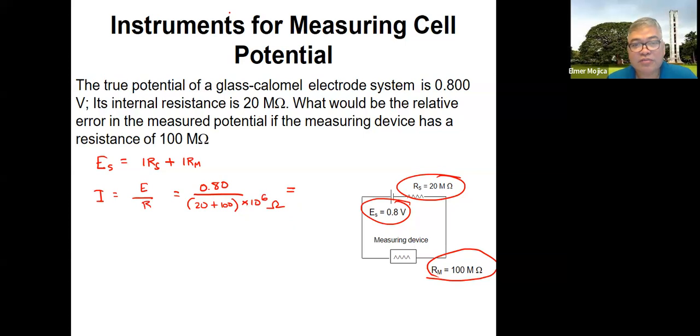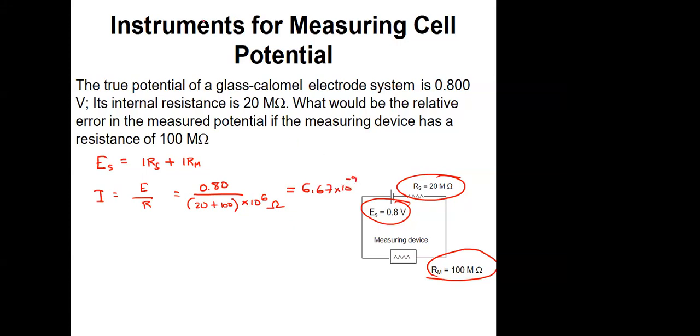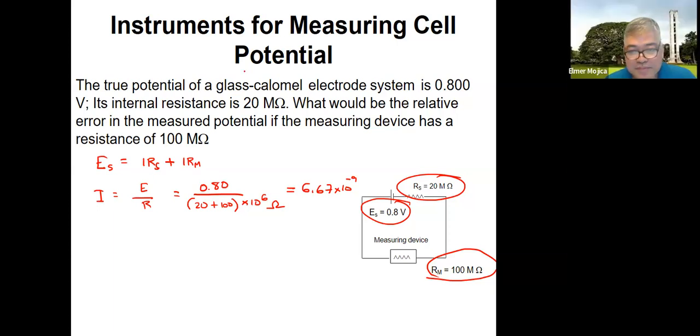What's the current that you have here? Around 6.67 times 10 to the negative 9, correct? This is in amperes. So what now is the Em? Em is equal to what?